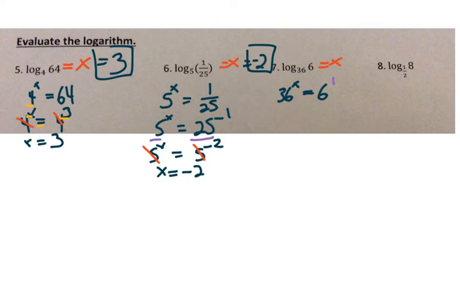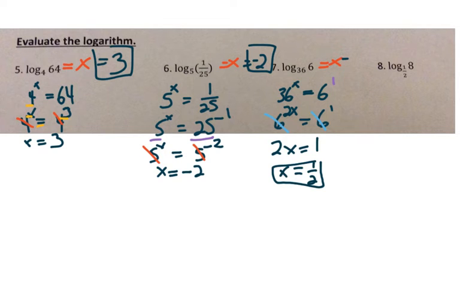I can break that down. 36 is 6 squared, and we still have that x over there. And this equals 6 to the first. So now our 6's can cancel out. So I'll get 2x equals 1, which means that x equals 1/2. Log base 36 of 6 equals 1/2.